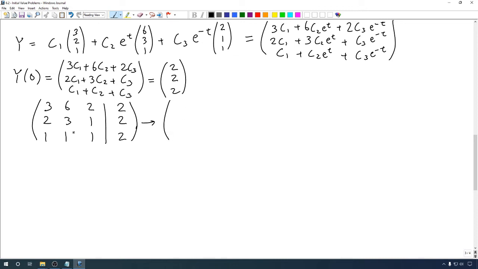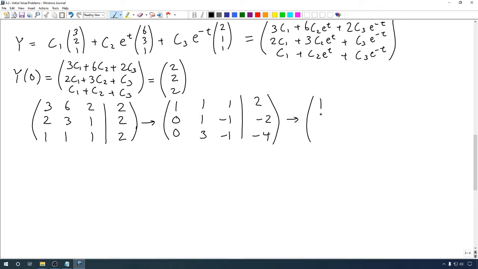Well, I'm going to move the 1 here to the first row, and use that to cancel out the other rows. That'll leave me with a 1, negative 1, negative 2, and a 3, negative 1, negative 4. I'm not going to go through all the actual process of this. You should know how to do that by now. I'm going to use this 1 to cancel out the 3 and this 1.